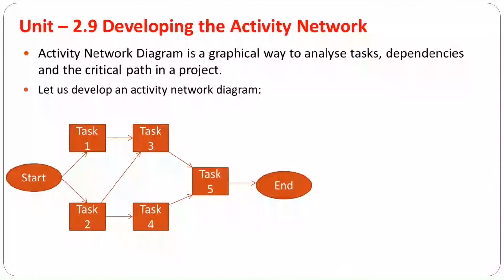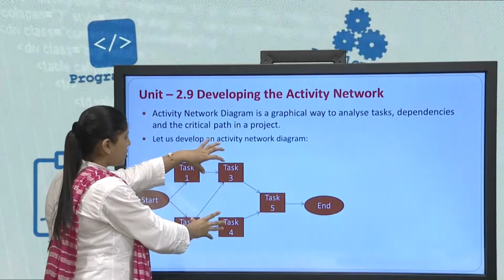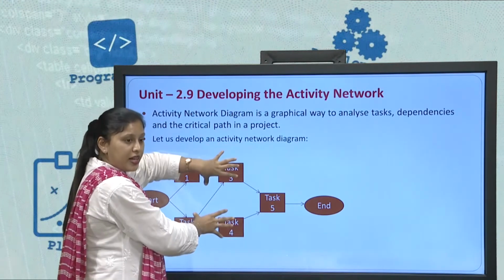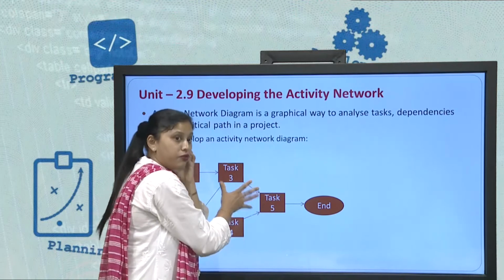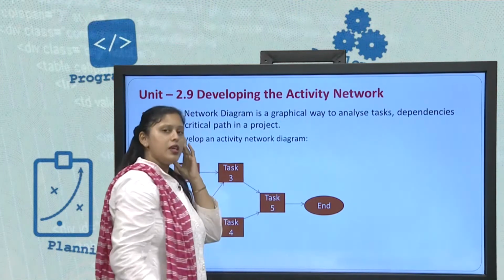So, task 1 and task 2: after their completion, they initiate task 3. Task 2, after its single completion, initiates task 4. Once task 3 and task 4 are completed, their output is merged into some other task, we call it task 5, and there we end the process.